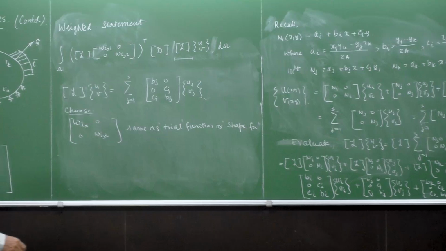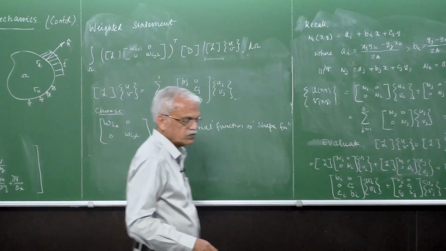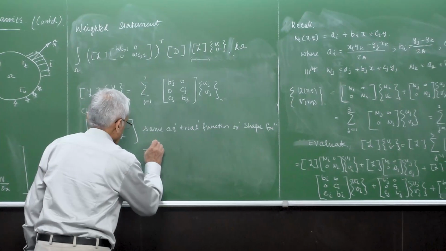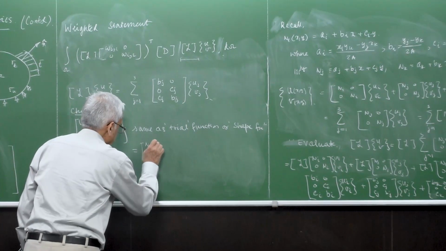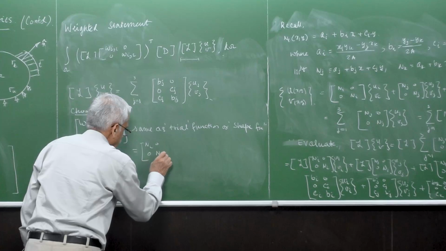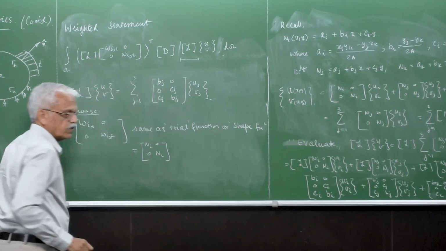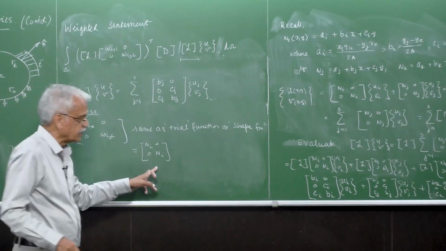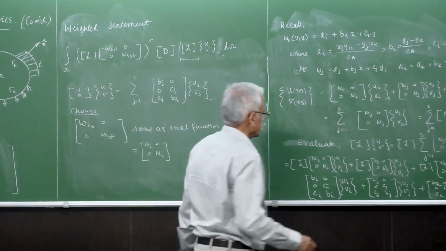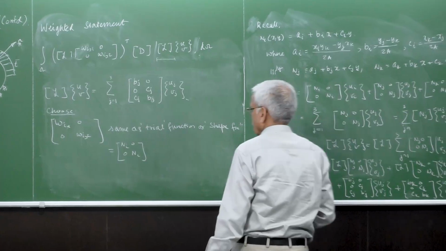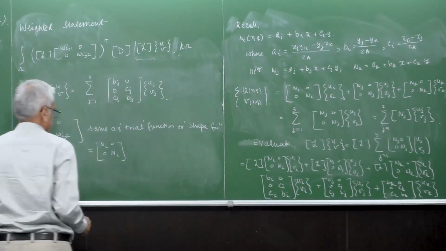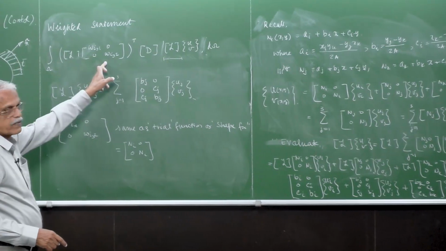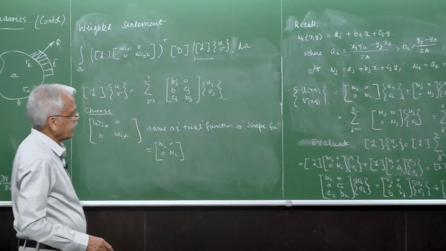Corresponding to this, if you choose the shape function, that means you choose Ni, 0. So if you choose this trial function as Ni, 0, 0, Ni, that's what it is here, corresponding to the ith node. So what is it that you will get? That means L operating on Ni again, right?